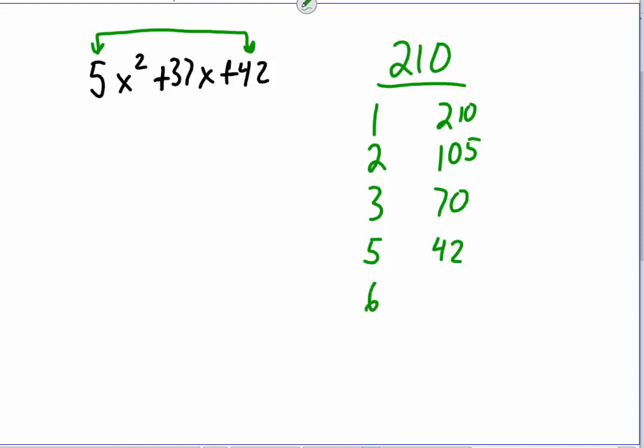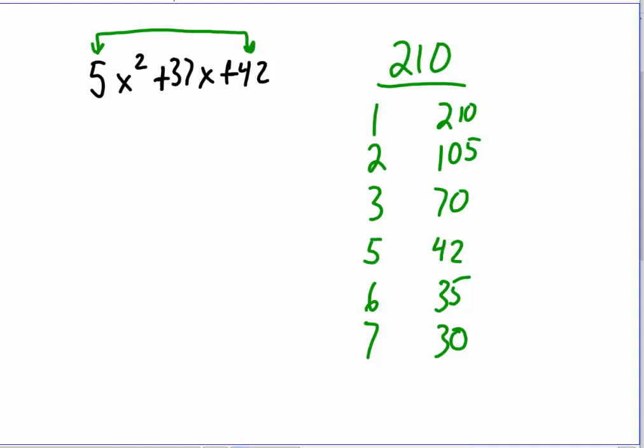So 6 and 35. 7 and 30. 8, I don't think so. 9, don't think so. Anyway, so I'm just going to stop right there for now.